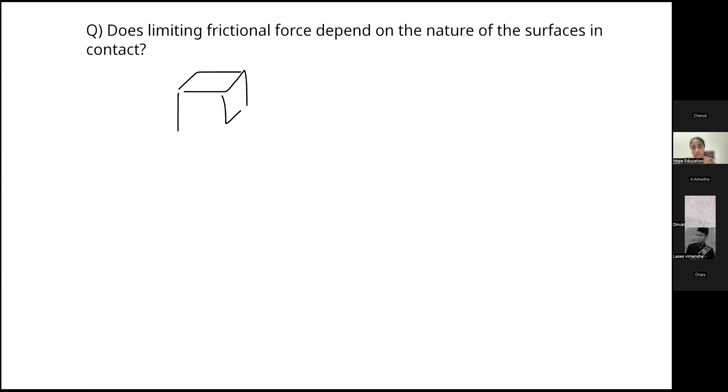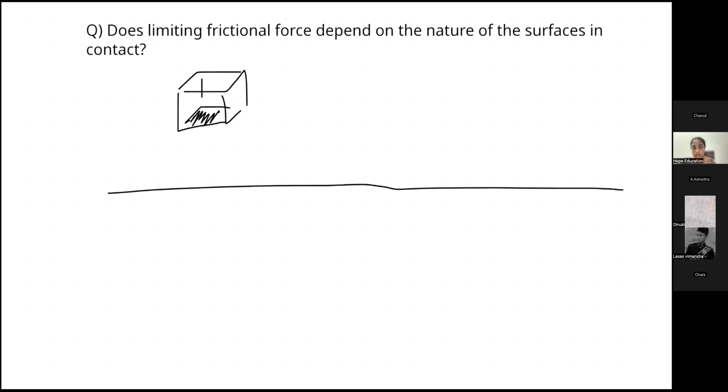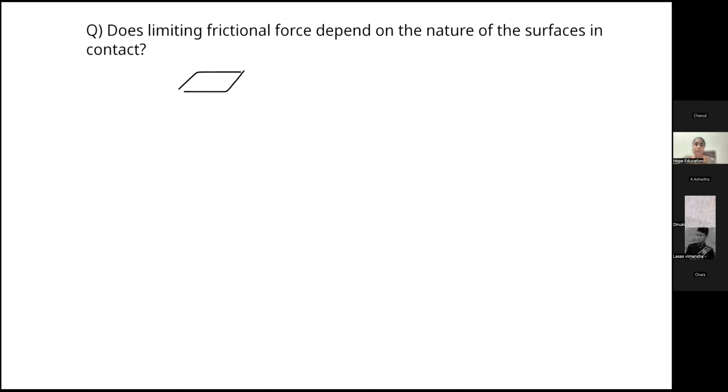Then I also have a table surface. I'll fix sandpapers of different roughness to the lower surface of the wood block and pull it along the table surface to see the limiting frictional force, right? So let's see how to do this properly.